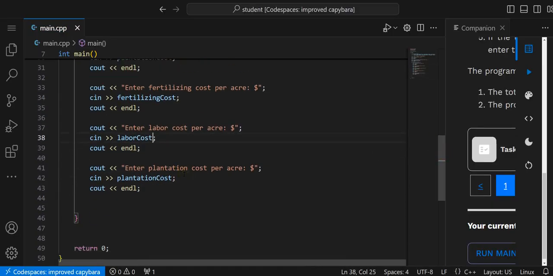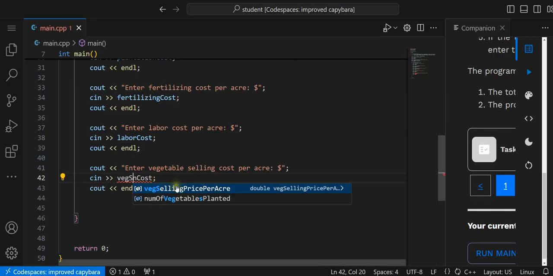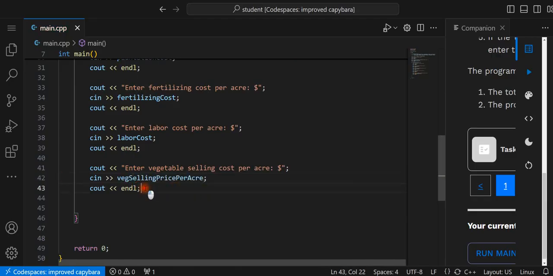And then next we will enter vegetable selling costs. So if you go to the county fair or whatever to rent a booth, gas money to get there, help people work the register or whatever. All right, so that'll be veg selling price per acre. All right, got those.